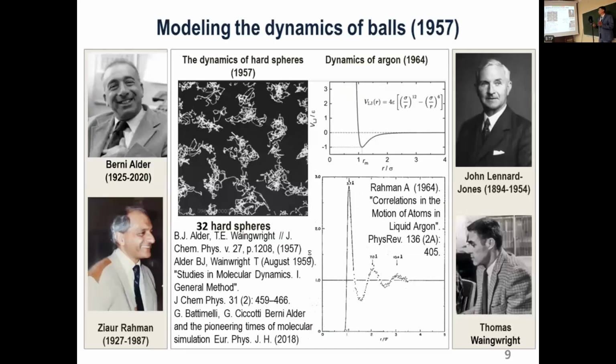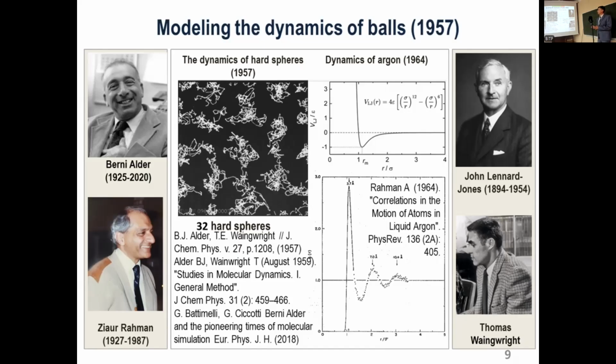And these algorithms are used to calculate different systems. The first system which was calculated was the system of hard spheres. It was done by Alder and Wainwright for 32 hard spheres, a very small system.